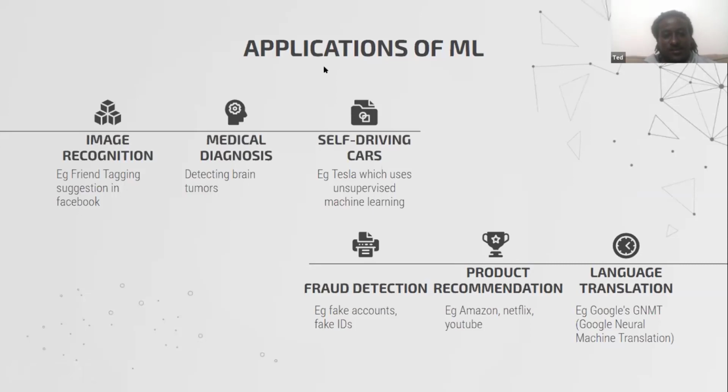Next, we'll learn about some of the applications of machine learning. Machine learning has a lot of applications, from fraud detection to product recommendation to image recognition. Just recently, due to the COVID-19 pandemic, people started creating models that can detect whether you're wearing a face mask or not, and that's really interesting.